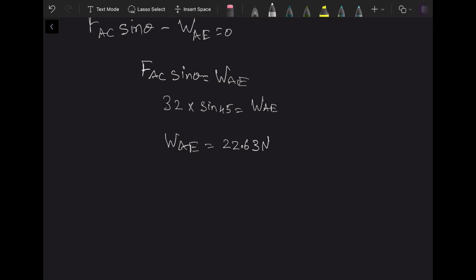Of course, this is in newtons. What's the mass? We need the mass. So mass of AE is equal to 22.63 newtons divided by the gravitational constant 9.81, which gives me 2.3 kilograms.